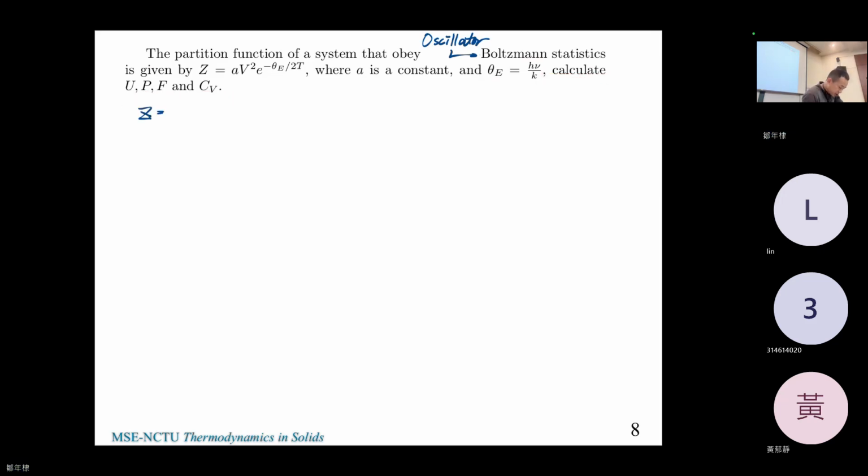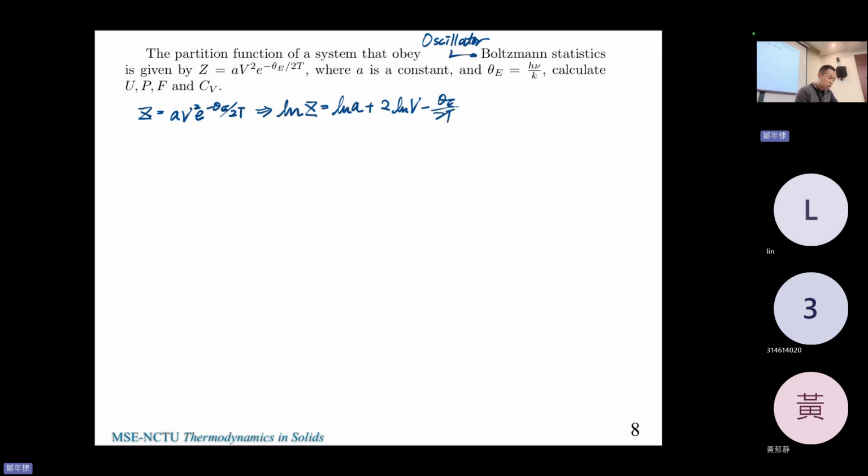Z is A V squared exponential minus theta E over 2T. So if we get Z, normally we'll get natural log Z because U is needed, right? Natural log A plus 2 natural log V minus theta E over 2T.